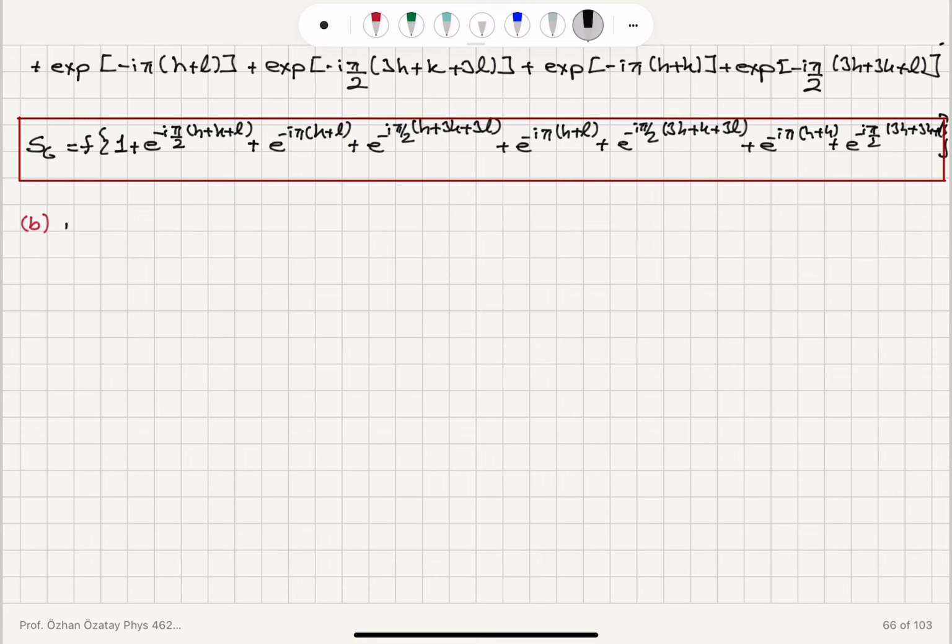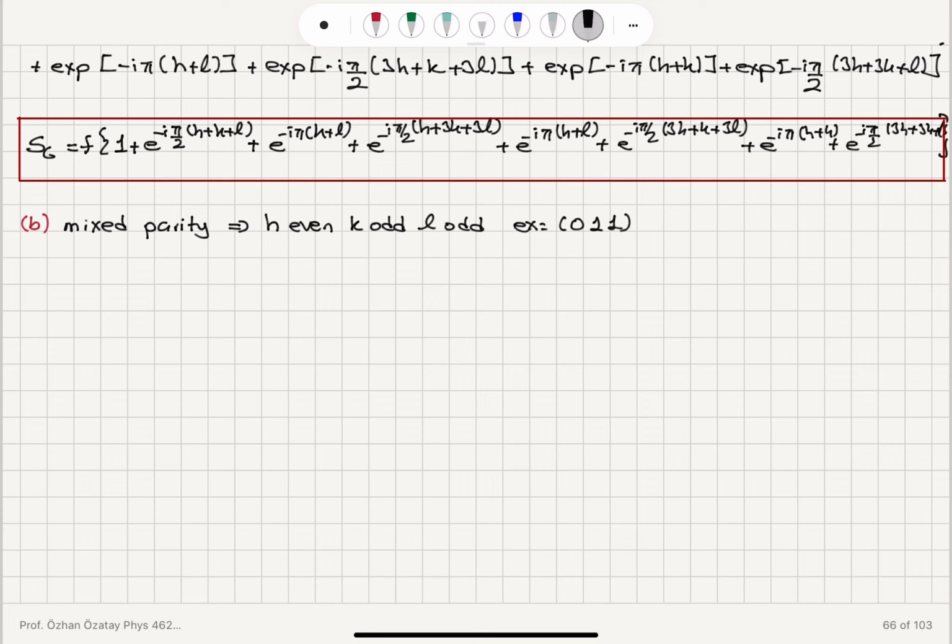So let's try a mixed parity. For example, H is even, K is odd, L is odd. For example, 0, 1, 1 planes.